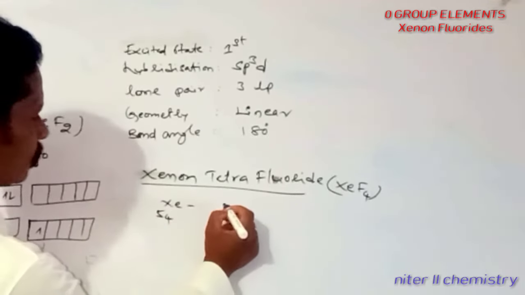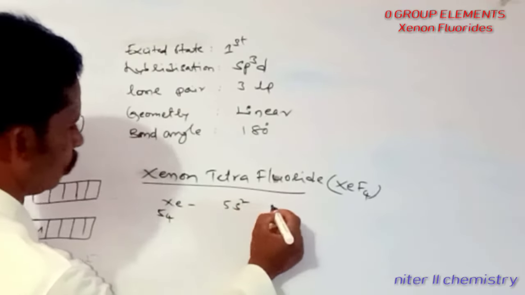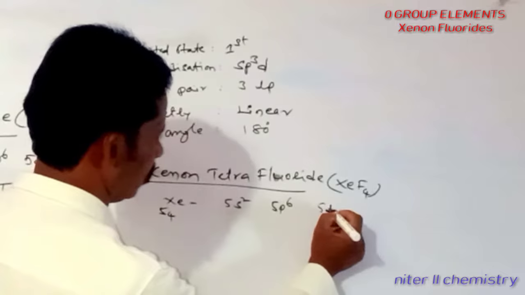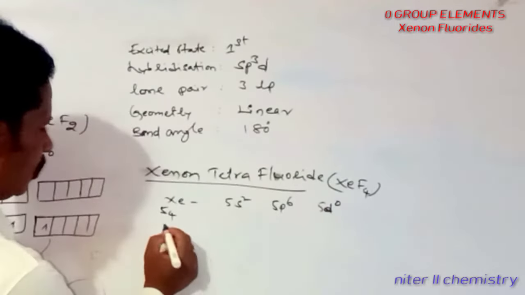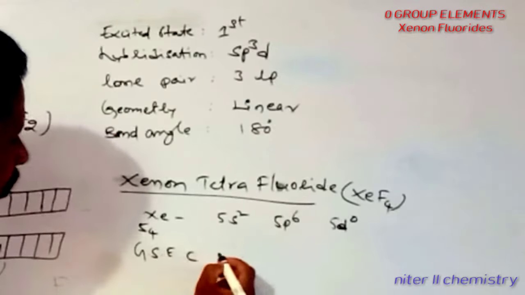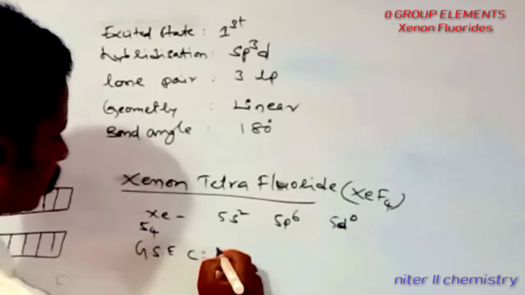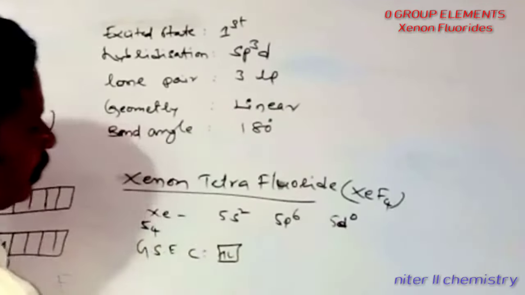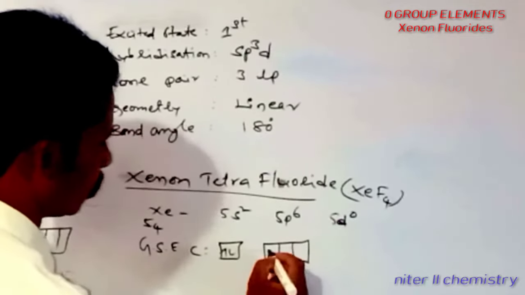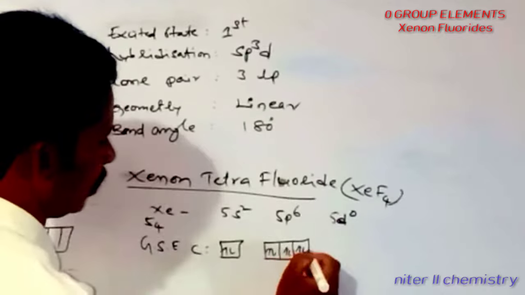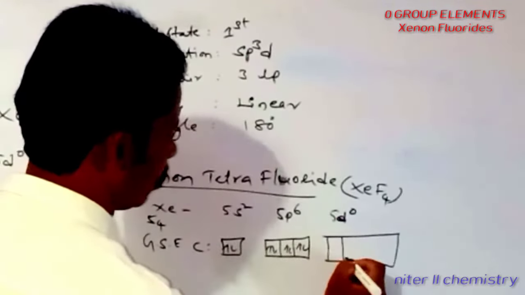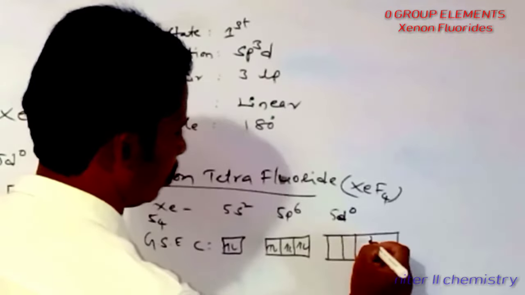The outermost electron configuration is 5s2, 5p6, 5d0. This is considered the ground state electron configuration: 5s2, and the p orbitals contain 6 electrons. The d orbital is vacant.